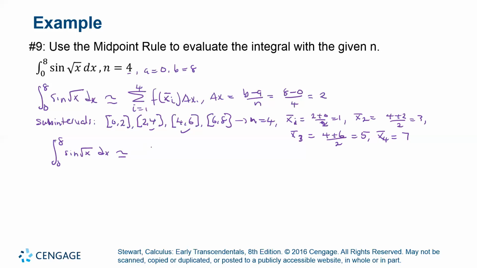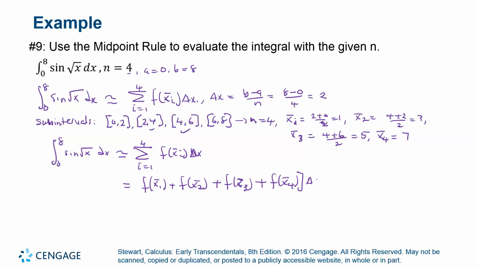So then this is the sum from i equals 1 to 4 of f of x bar i times delta x. So that is equal to f of x bar 1 plus f of x bar 2 plus f of x bar 3 plus f of x bar 4, everything times delta x.